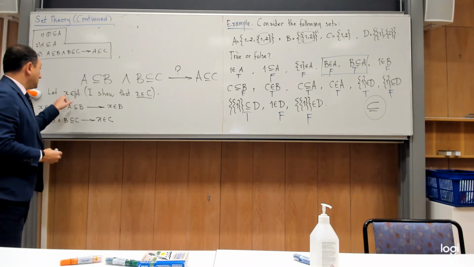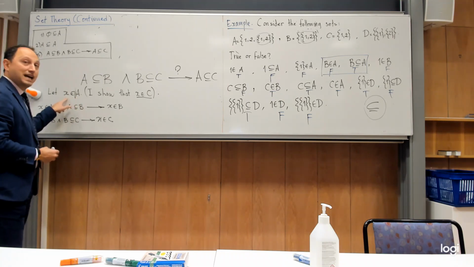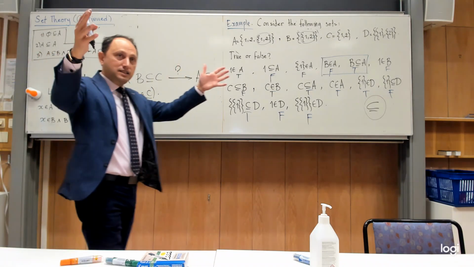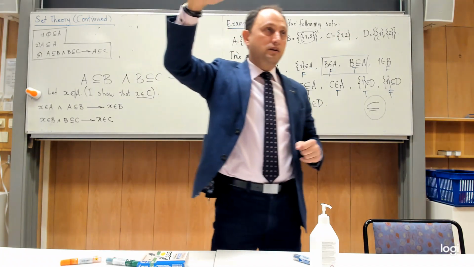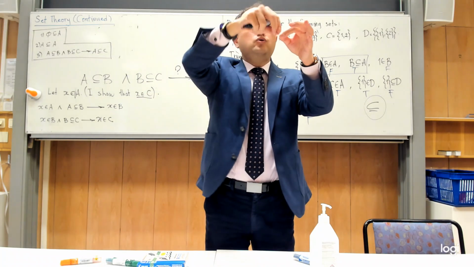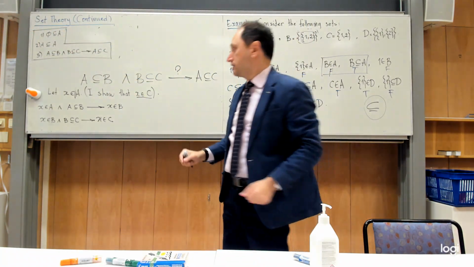No, this is considering even the cases that A has more than one element. I'm not saying that A has one element and that is X. I am saying that there is a set, let me pick one of these elements, say it is X. And for this X, I show it is in C. If you want to go to another one, the same reasoning will go on. This is the reason.